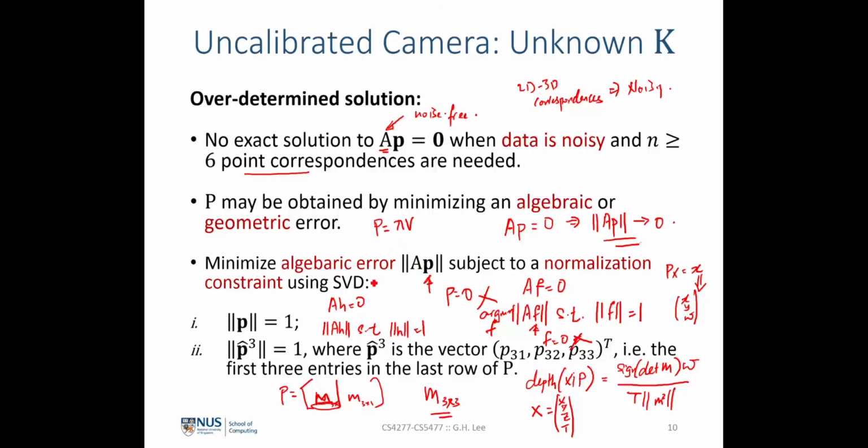So we can take the three entries of the solved vector that correspond to P3 and set the norm to be equal to 1. This gives one equation in terms of one unknown, lambda, which can be solved. But in this lecture, we will stick to the first option, although the second option can also be applied.